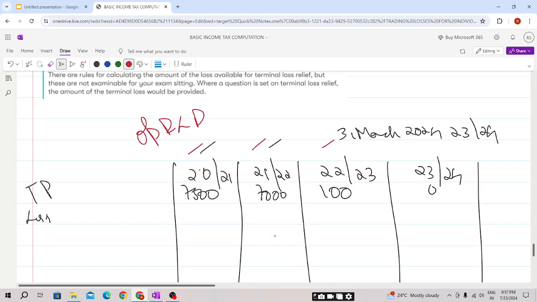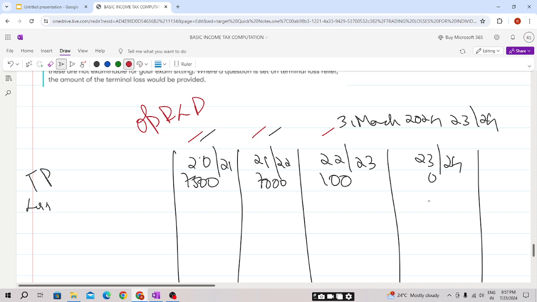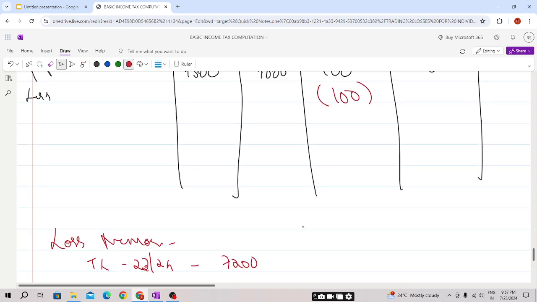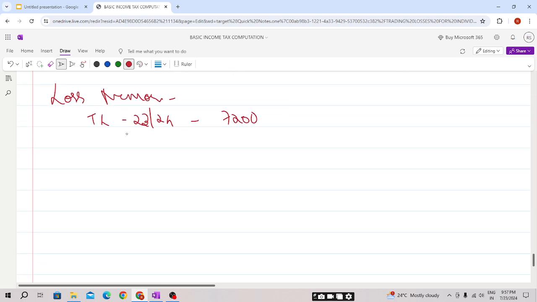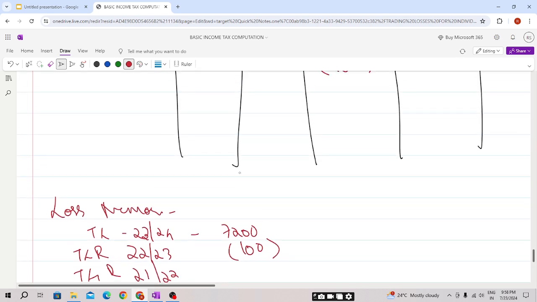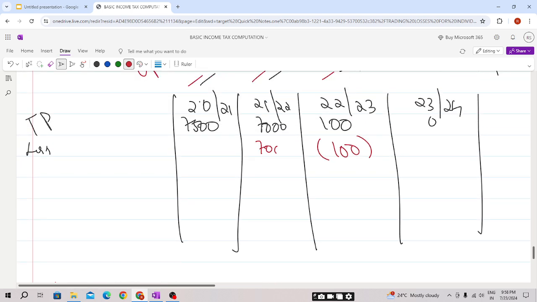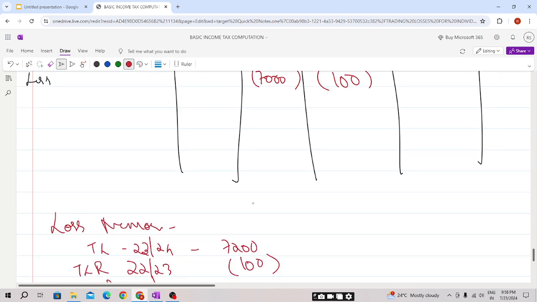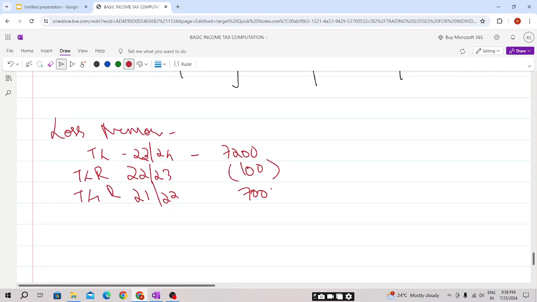So 23-24, we are claiming this. So last year 100, LIFO basis, so 22-23 terminal loss relief 100, then terminal loss relief 21-22, so it will be, students, 7,000, the whole 7,000, because our loss is 7,100, so 7,000, so still remaining is 100.